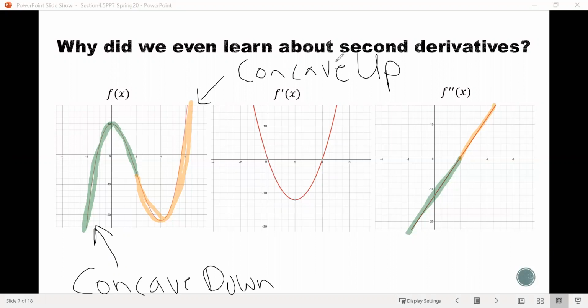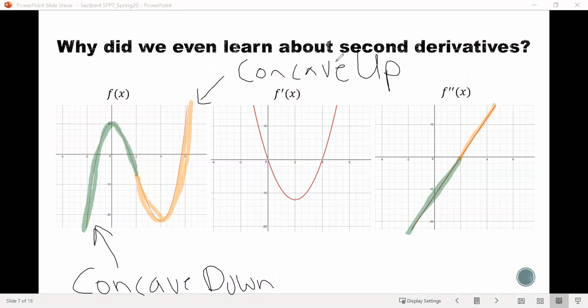And so that is the information the second derivative gives us: the concavity, whether at a particular point the graph of the function is concave up or concave down. If you're not recalling that term concave, remember it has to do with the direction the curvature of the graph is facing.